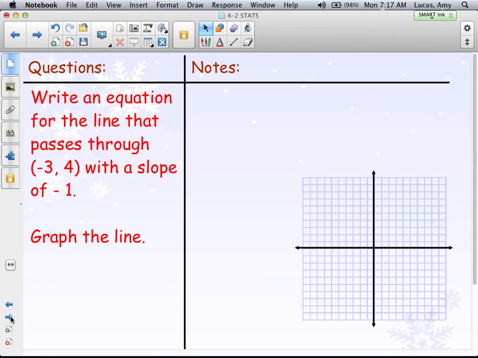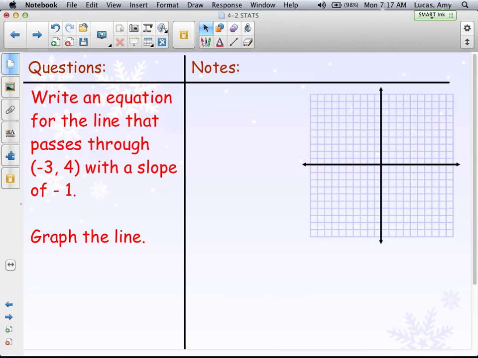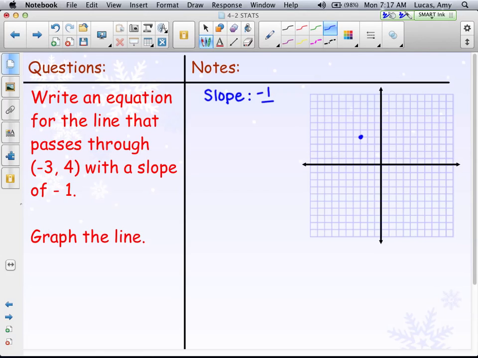Okay, so this one, I'm going to show you that I could graph first if I wanted to. So (-3, 4) is right here. My slope is -1. So I am going to make it look like a fraction. Rise over run.